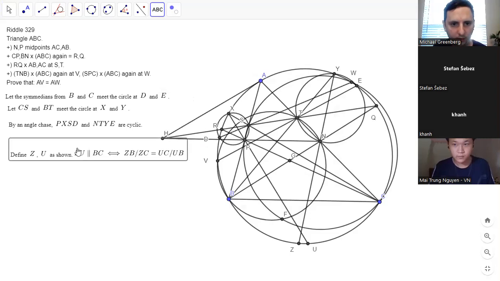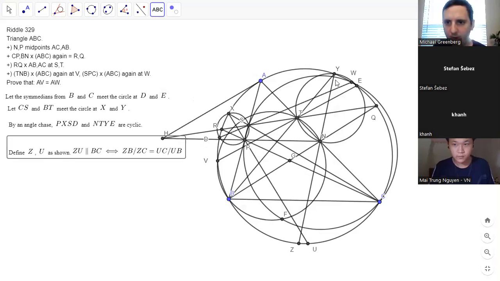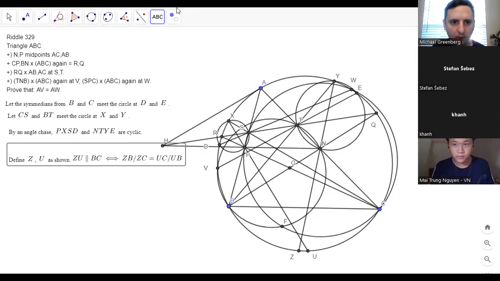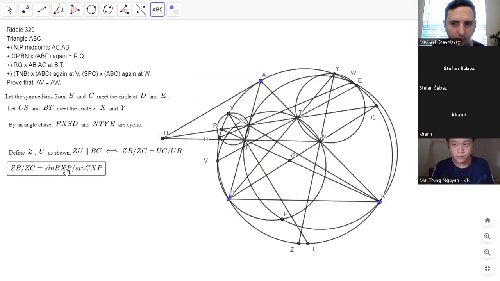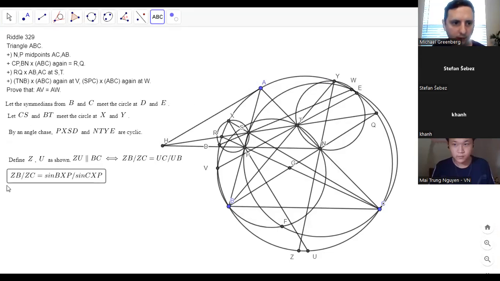Okay, we have this. And then use it by Trig Ceva. So we apply sine Ceva for XBC.